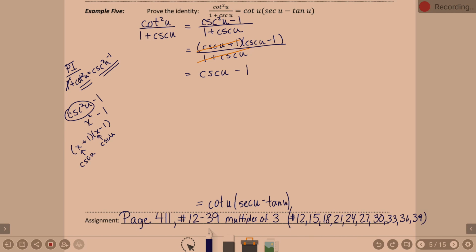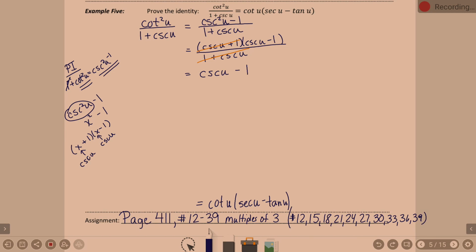So my suggestion would be, okay, let's work in terms of sines and cosines. Because once we're in terms of sines and cosines, we can finagle stuff till we get to what we need here. So we know cosecant is the reciprocal of sine, and so it's 1 over sine.